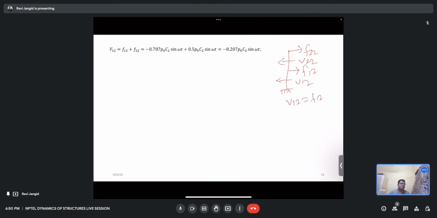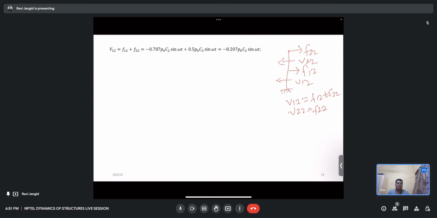And for the second mode, if you determine it, it would be the same. Let us say this is f22, this is f12, so that will be v22 and v12. So v12 would be f12 plus f22, and v22 would be f22.